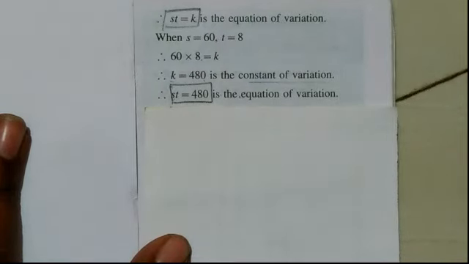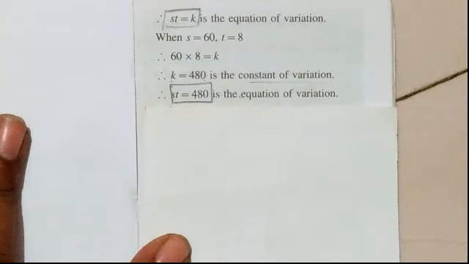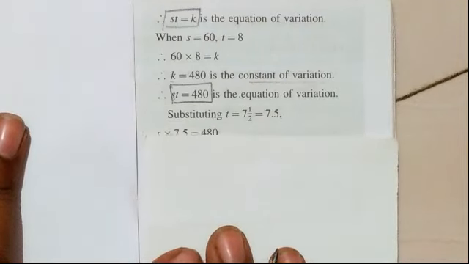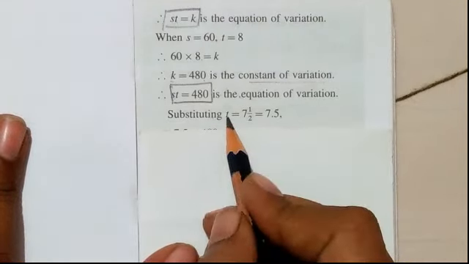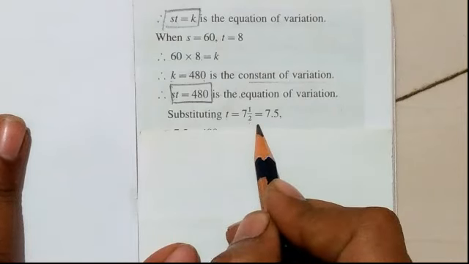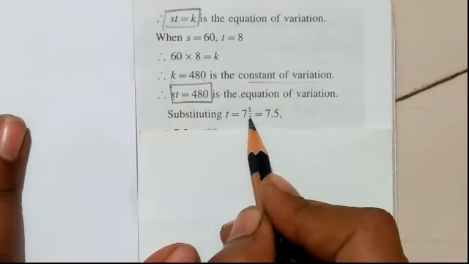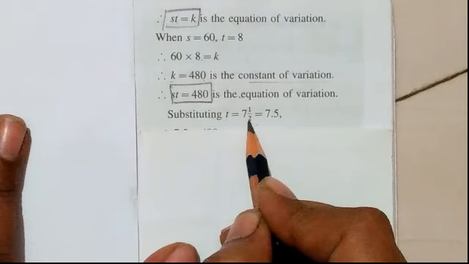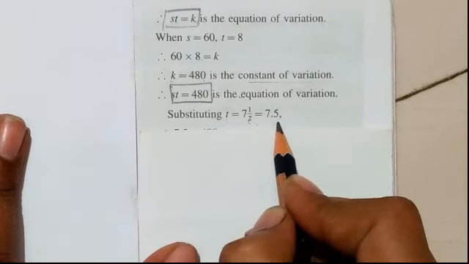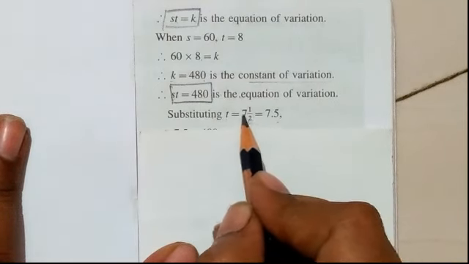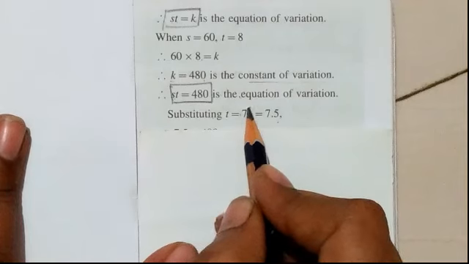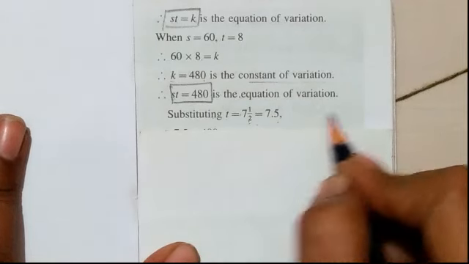Now students, we have to find out what should be the increase in the speed if we have to cover the same distance within 7.5 hours. So t, it means time, will be 7.5 hours. So this fractional number we have to convert into the decimal format. 7 2s are 14, 14 plus 1, 15.